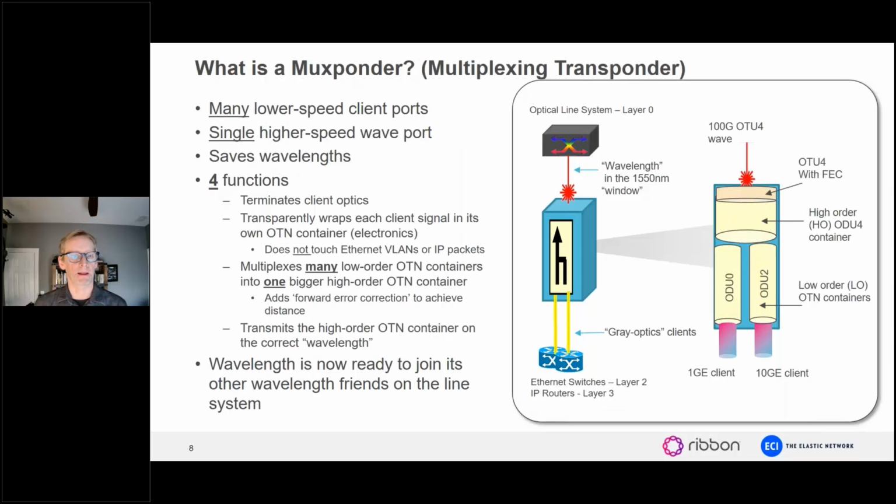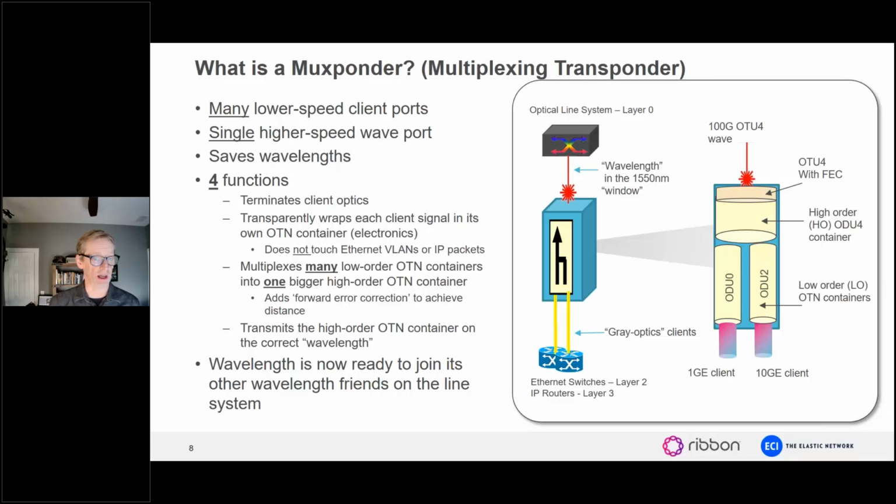Okay, let's keep going. What is a muxponder? A muxponder is short for multiplexing transponder. As you can see in the picture on the right, it doesn't just take one client circuit, it takes many different lower speed client ports, wraps each into its own lower order OTN container, and then multiplexes those OTN containers together, and then adds the forward error correction, and then creates the wavelength.